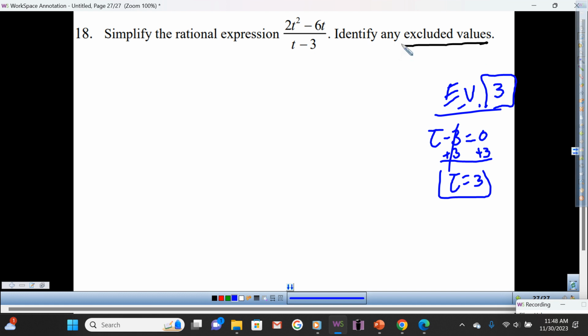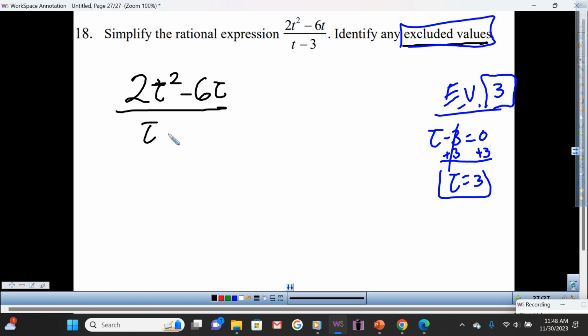So we're done with this part. But now we need to simplify. So let me write it again just so I can have it by itself. To simplify, first things first, we need to factor top and bottom. So look at it. Is it in standard form, the numerator?